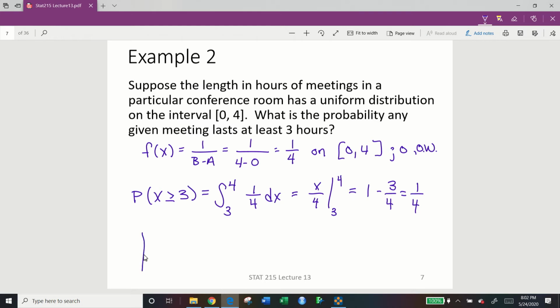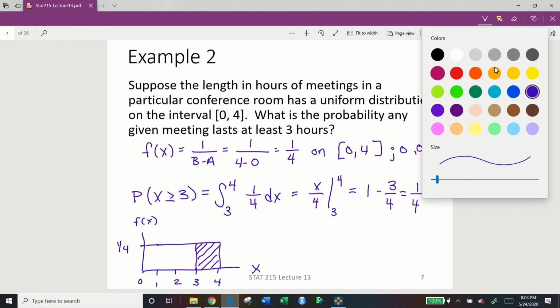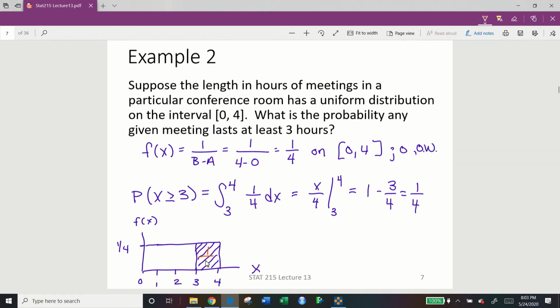If we wanted, we could even draw this out. For our f of x, we'll say 1/4, and the area would be 1/4.